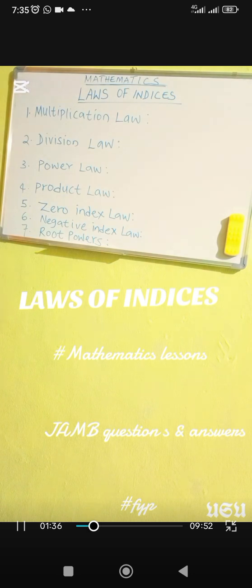Hence, the need for us to get acquainted with these laws so that as we apply them in solving JAMB and WAEC equations, it will make sense and you flow freely.